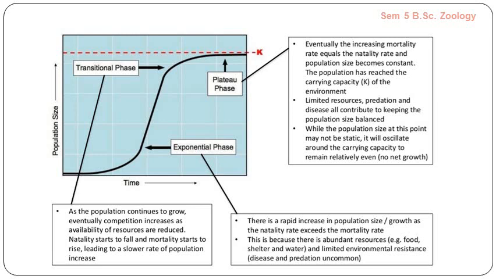This is where the population size has reached the carrying capacity of the environment. Okay, so when the population size is at this level, it is not static, but dynamic. It keeps on oscillating or fluctuating around the carrying capacity level, but on average, it is almost stabilized. Okay, so that is the sigmoid curve or S-shaped curve.